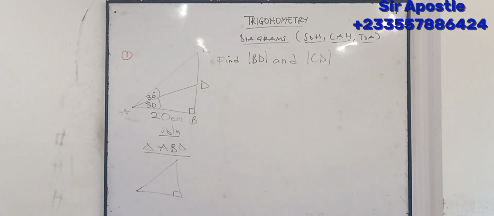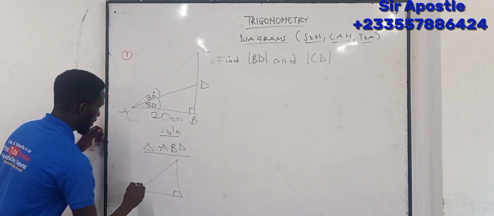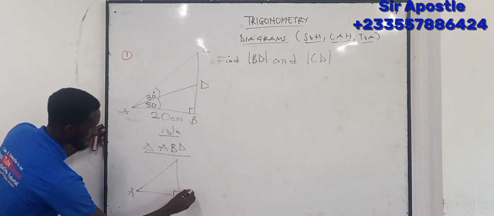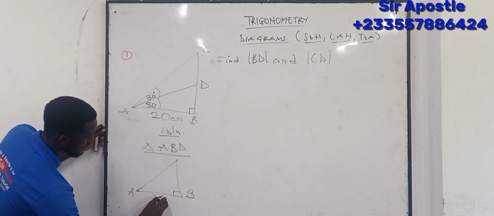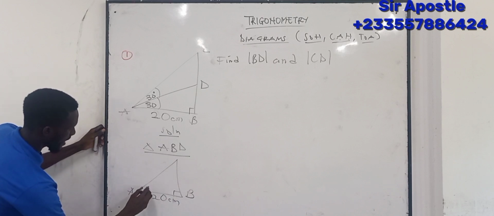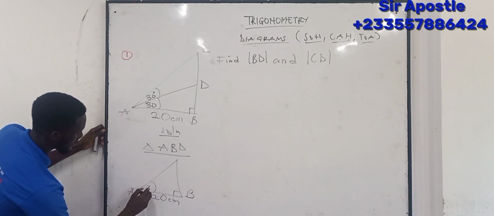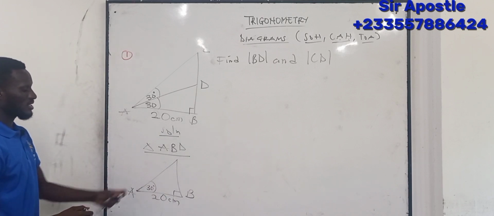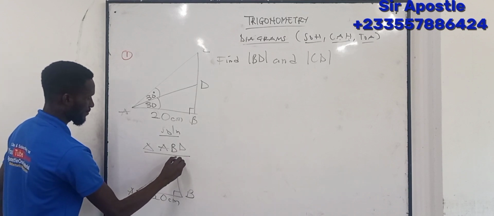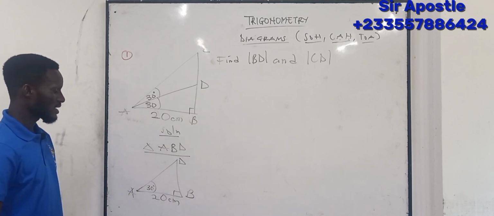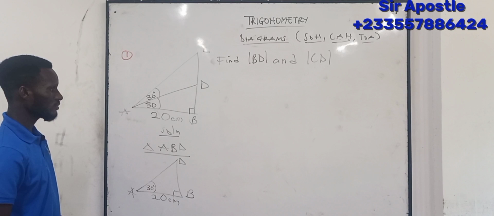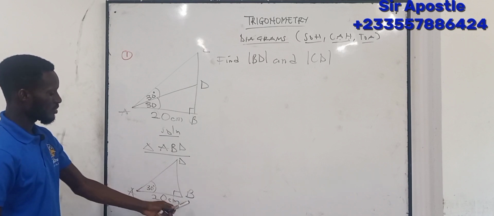Here is A, here is B, and this side is 20 centimeters. The angle here is 30. Now, this one will help us to be able to get our BD.